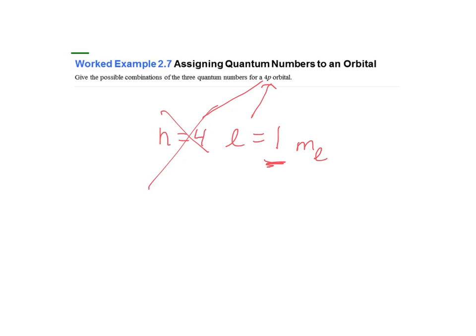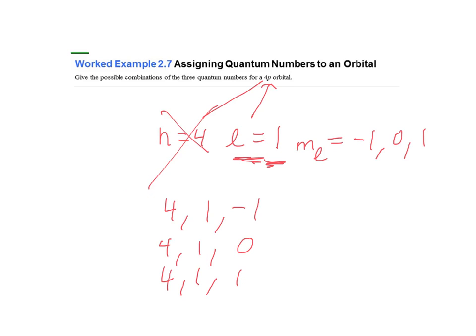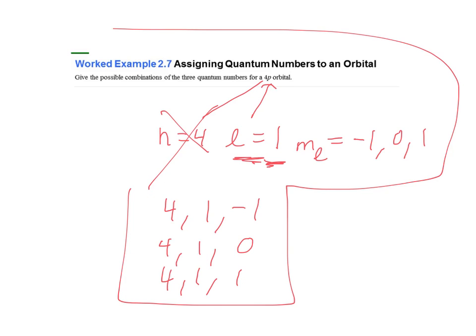My principal quantum number doesn't matter in terms of my magnetic quantum number values. Only my values of L. So it can have negative L to positive L. So my possible sets of quantum numbers would be 4, 1, negative 1; 4, 1, 0; and 4, 1, 1. And now we're finally done with the lecture.